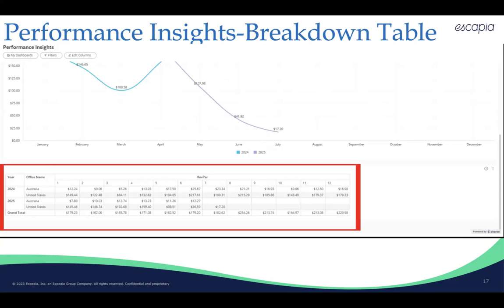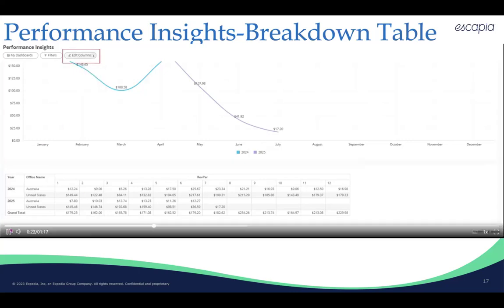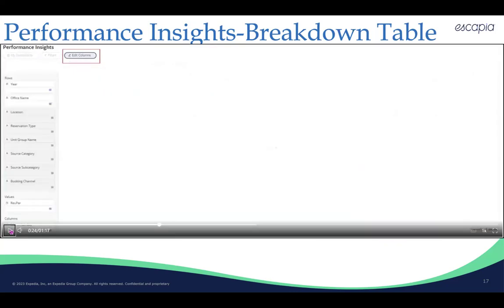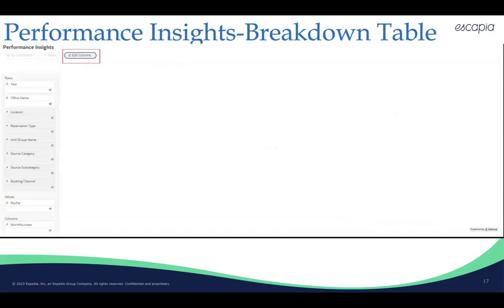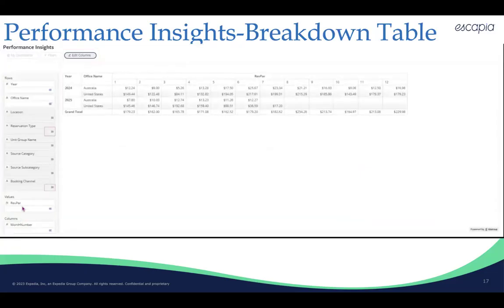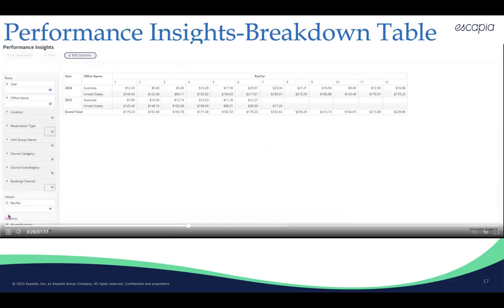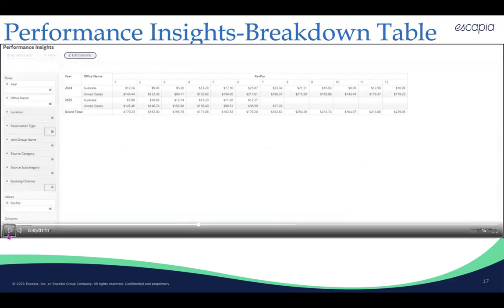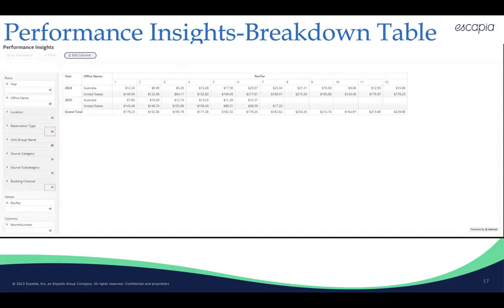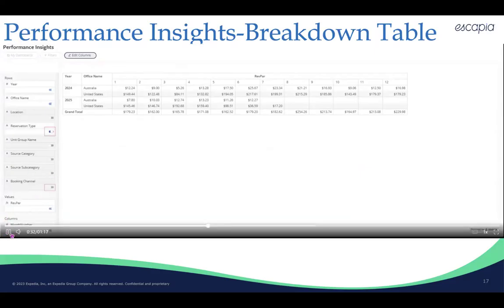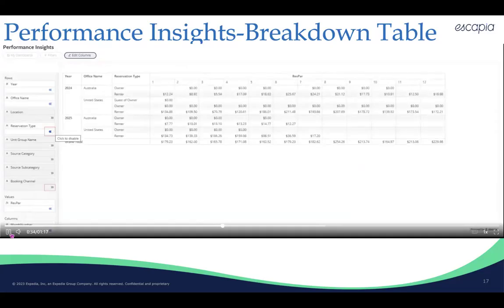Now, let's say you would like to view a little bit more data. You can do that by clicking edit columns. Let it load for a second. And you can choose if you would like to view even more information. So in this example, what we specifically did was we wanted to show you what would happen if you turned on reservation type.